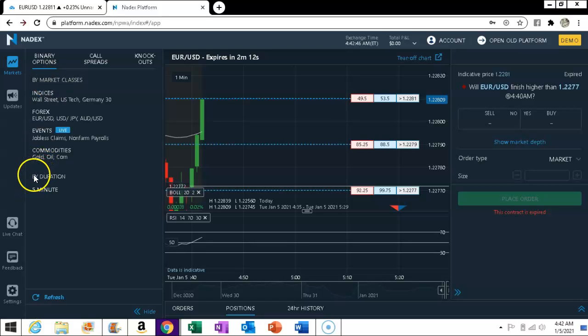Depending on the time of day, you'll also see 20 minutes by duration. So you have all of these different markets that you can choose.